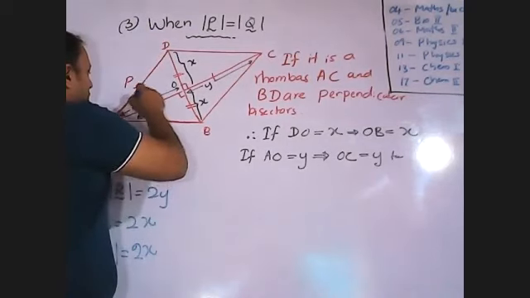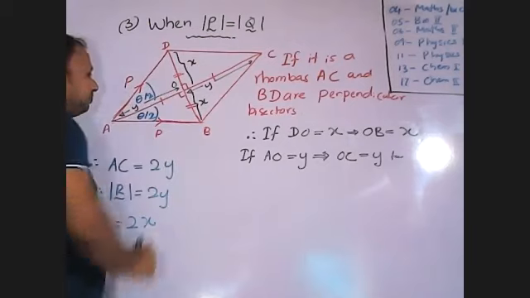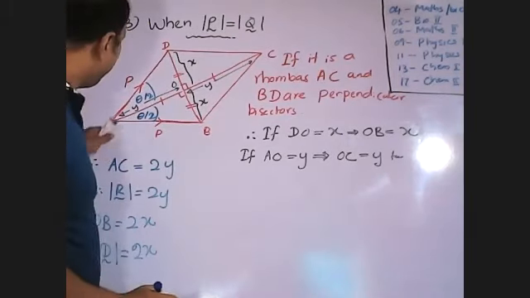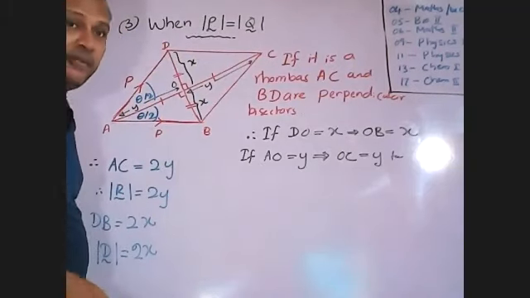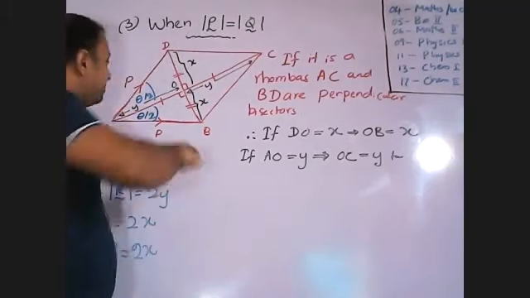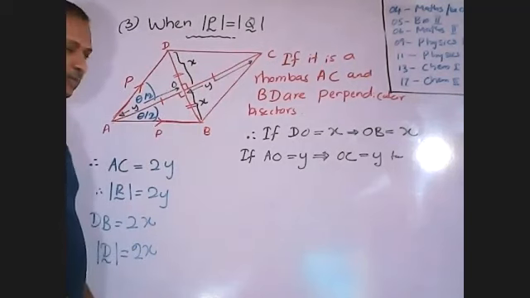This one is theta over 2. Okay, because AC is the bisector of this angle. If it is a rhombus, definitely this is a bisector. Okay.